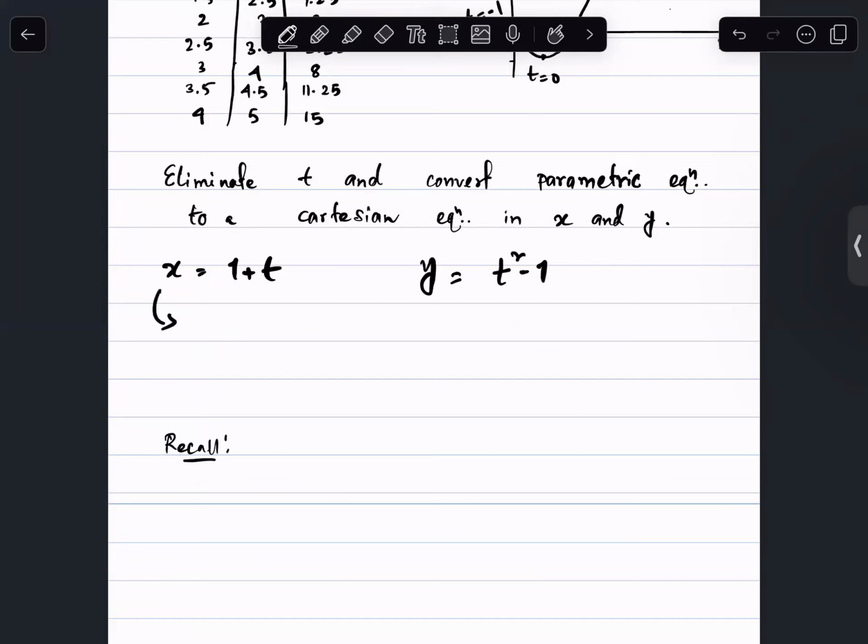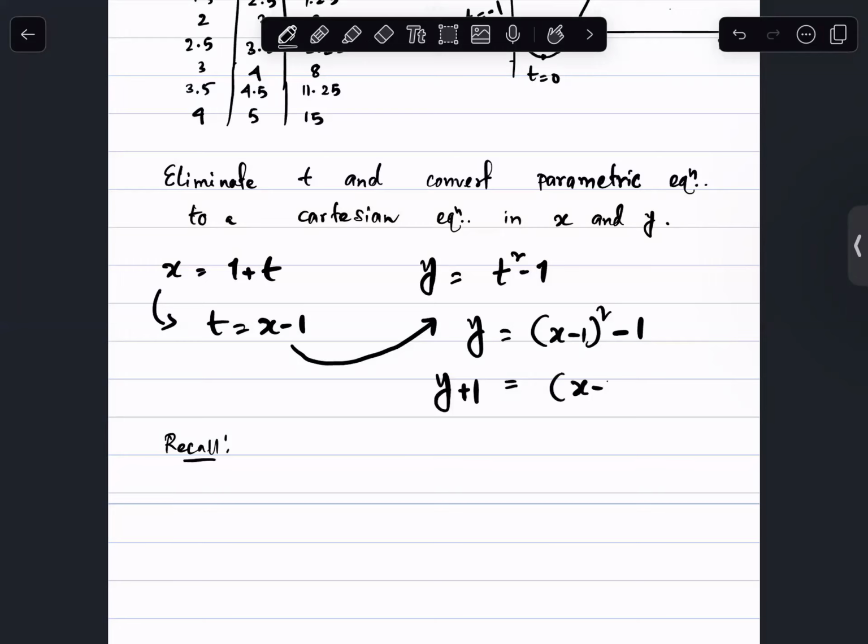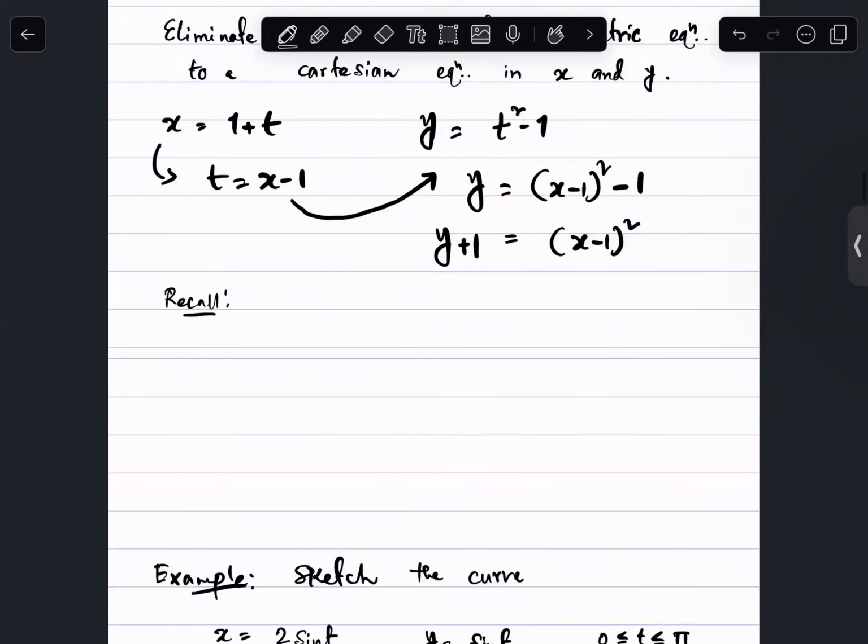From this, I get t in terms of x, and I put it in the second equation. So y will be (x - 1)^2 - 1. This is nothing but y + 1 = (x - 1)^2. If you remember a little bit of geometry, then you might recall that this is the equation of a parabola.